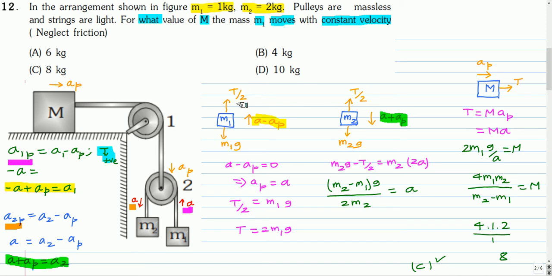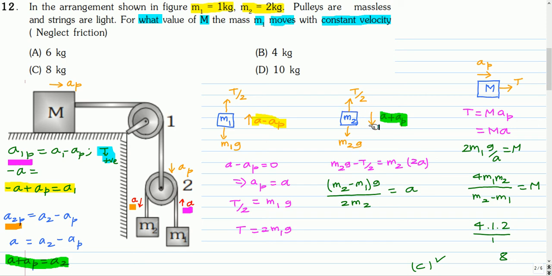So the tension here is T by 2, and the acceleration of m1 is minus a plus ap in the downward direction, so in the upward direction it is a minus ap. This acceleration should be 0 because m1 moves with constant velocity. So from this we get the acceleration of the pulley ap as a, and the vertical direction forces are in balance. So T by 2 equals m1 into g. From that we get T as 2 m1 g.